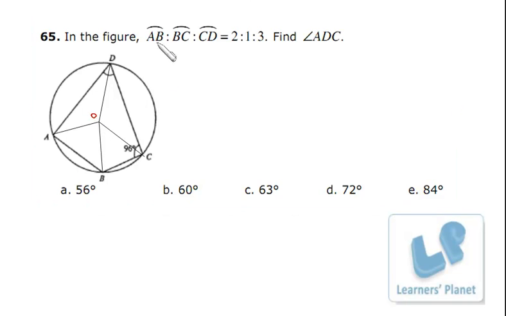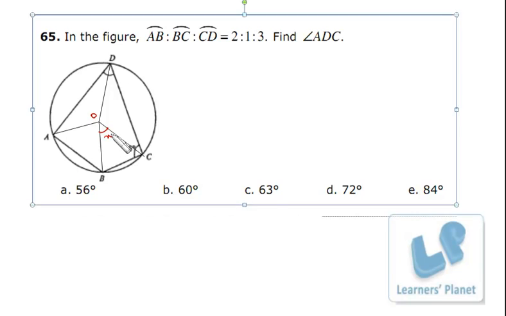Now since the ratio of arcs is 2:1:3, that means the center angle will also be in the same ratio, right? I assume BC to be x, then this must be 2x and CD must be 3x, right? I assume this small portion to be y.